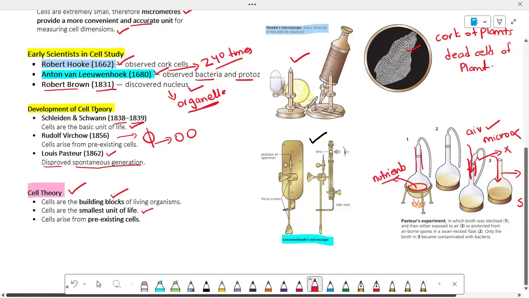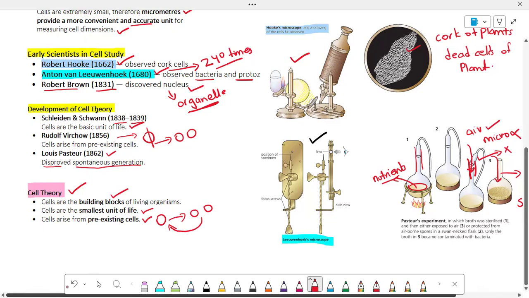And the third is that cells arise from pre-existing cells, meaning cells are formed by cell division, when a cell divides and new cells form from these pre-existing cells.